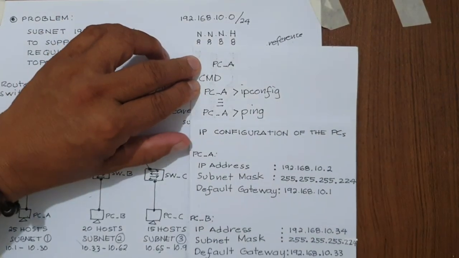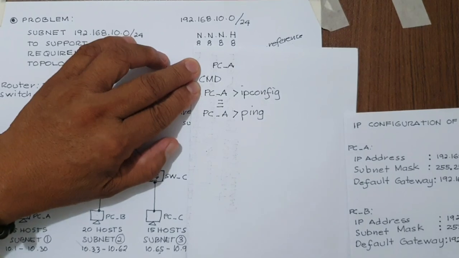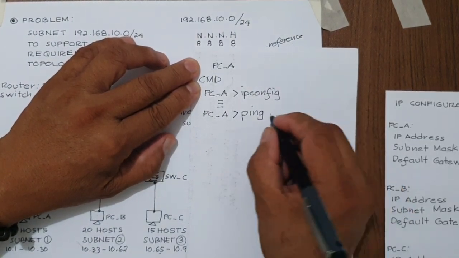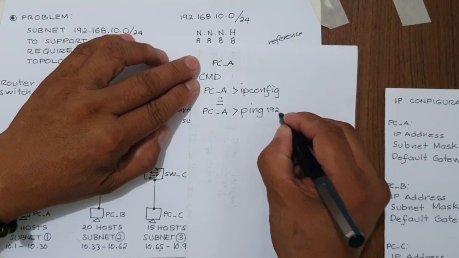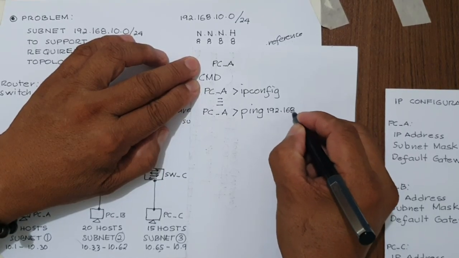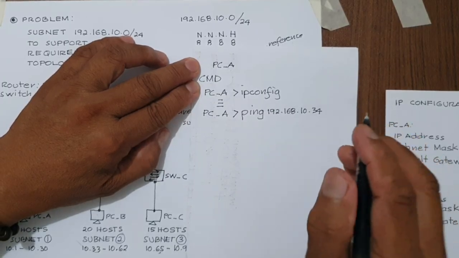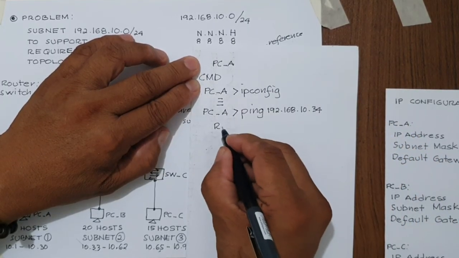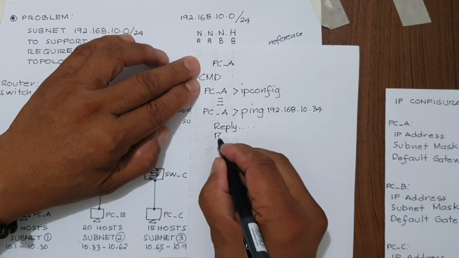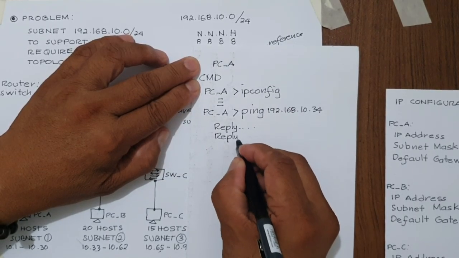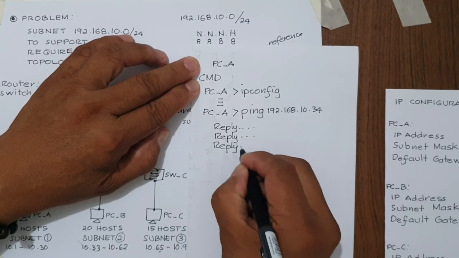As we have configured earlier, 10.34. So we type ping 192.168.10.34, and as you press enter, there must be 4 replies. The PCB must reply 4 times.